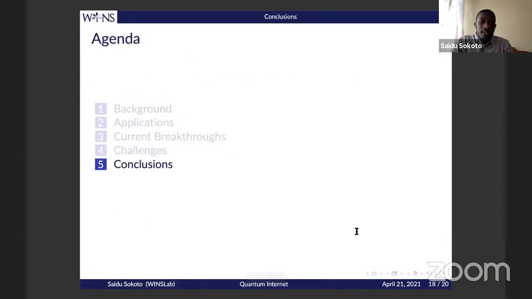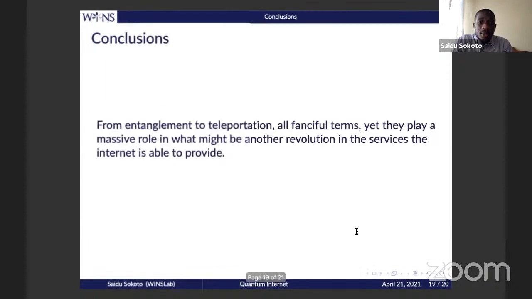So with that, I have come to the end of my presentation. We have seen different use cases of the quantum internet. Despite that, we still need a network architecture that is going to be able to deal with complex topologies, the needs of different organizations, deal with link failures, and a host of other problems.